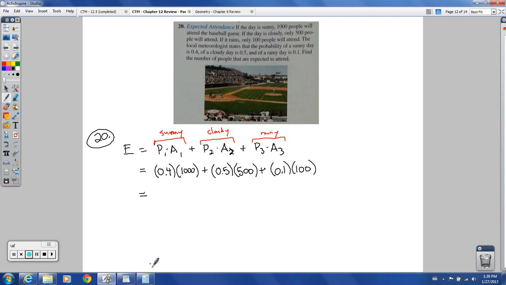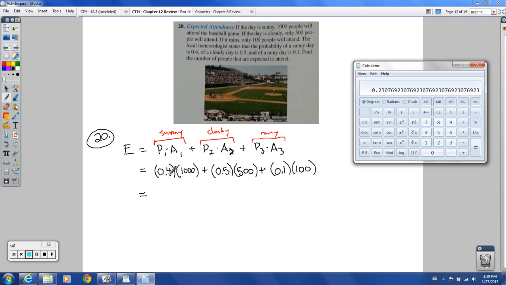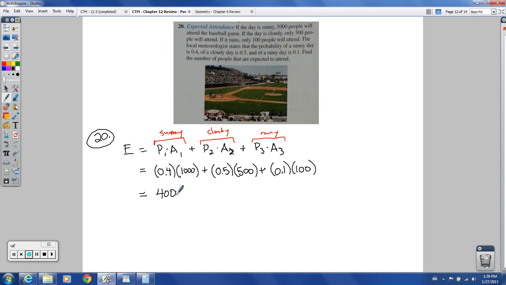And so we can take a calculator. 0.4 times 1,000, you just move the decimal 3 spots, so that'd be 400. 0.5 times 500, that'd be half of 500, that'd be 250. And then 0.1 times 100, move the decimal 1 spot. You would expect that to be 10 then.